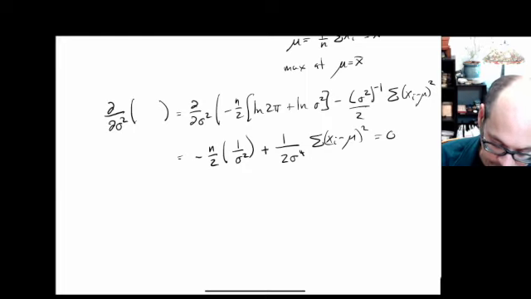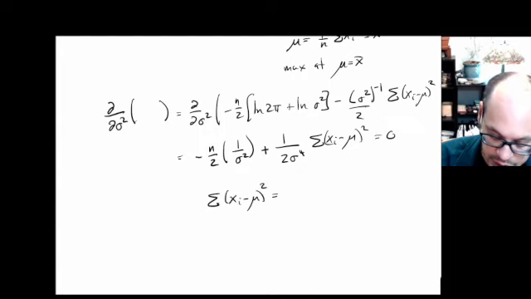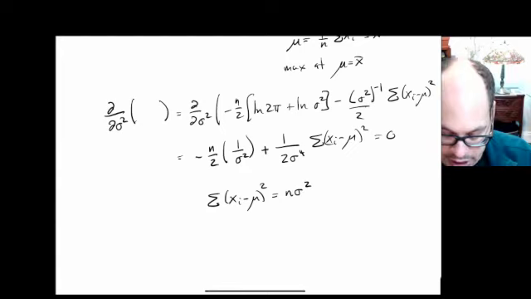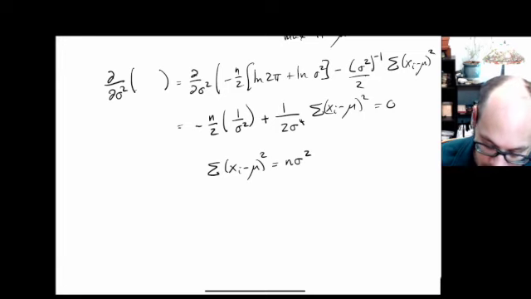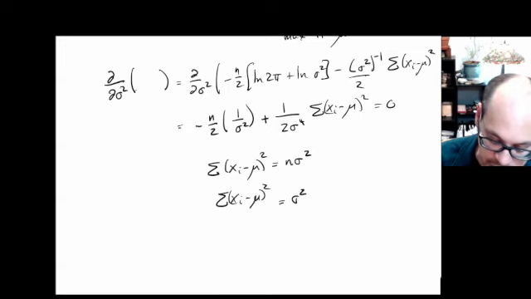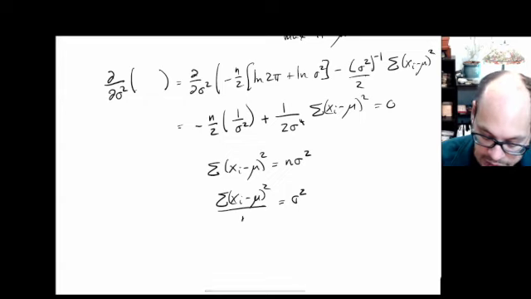We get that the sum of xi minus mu squared is going to be n multiplied by sigma to the 4th, I get a sigma squared, so I get that. That's my solution, or in other words, the value for sigma squared is 1 over n times the sum of xi minus mu squared.